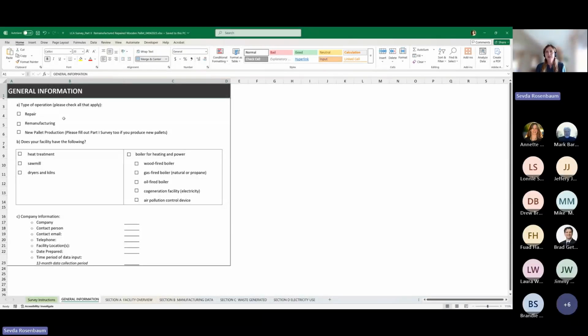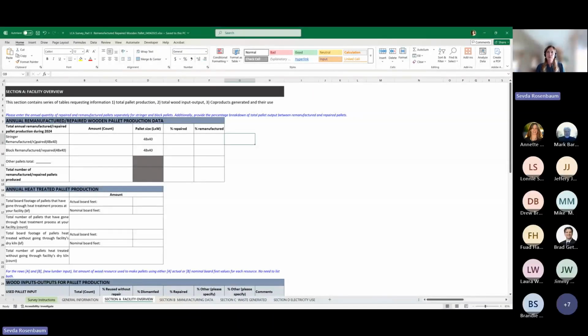We are asking if you're producing repair, remanufacturing, or if you have new pallet production, and what type of processes you have at the facility, and again asking for the contact information. We also have the time period of data input. As I mentioned in the presentation, the data requirement is 12 months of operational data, and for this study we are aiming for 2024 data.